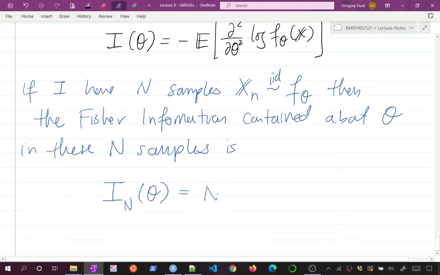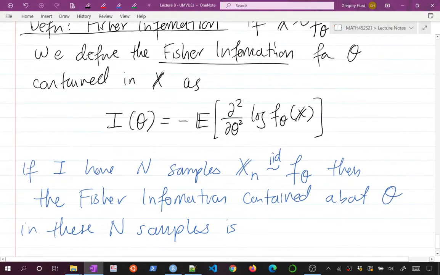And it turns out, and we're going to prove this, that it's just n times the amount of information I have in one sample. The reason for that is we have independent samples, and their information is just going to add together. So this is formally codifying what we're calling information about a parameter.